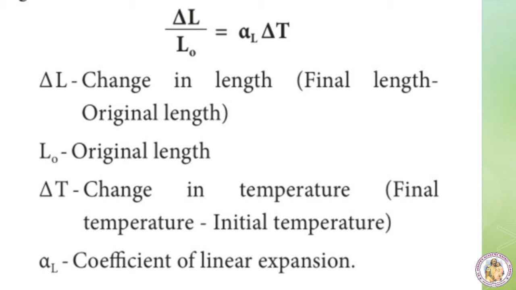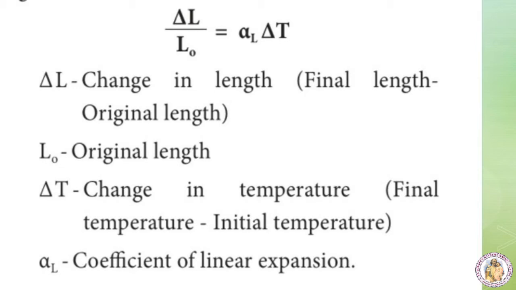When you increase the temperature, there is a change in length. It changes to 6 centimeter. Already the original length is 5 centimeter. When you increase the temperature, there is an increase in length also, that is to 6 centimeter.